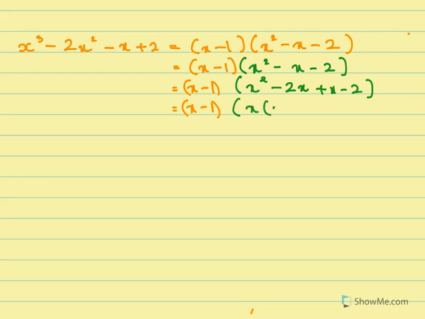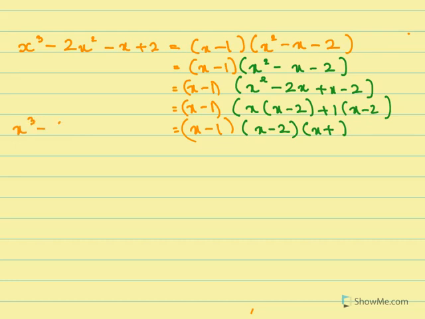So here x minus 1, I just copy it out. Here I take common out, so x into x minus 2 plus 1 into x minus 2. So this is x minus 2 times x plus 1. So now we see that x cube minus 2x square minus x plus 2 has got 3 factors.